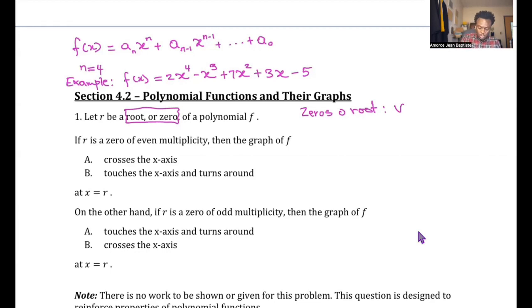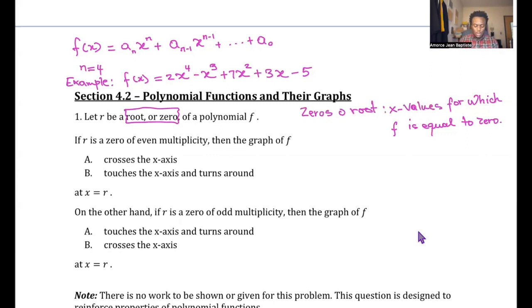So x values for which the polynomial function f of x is equal to 0. So if you plug in an x value and the result comes out to be 0, then this value is called a 0 of that polynomial function.